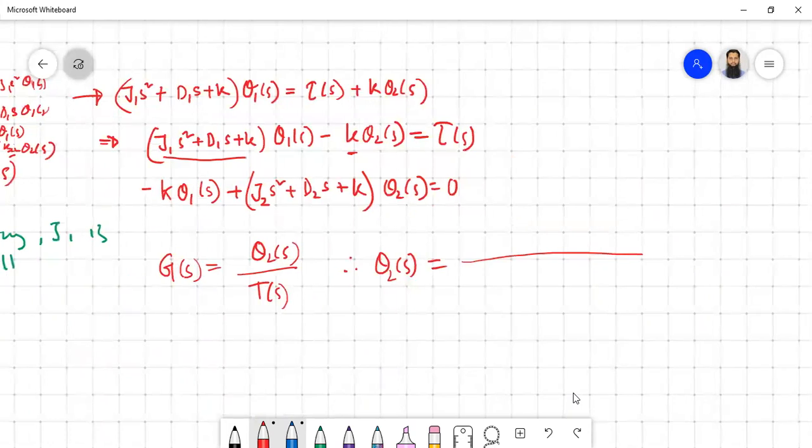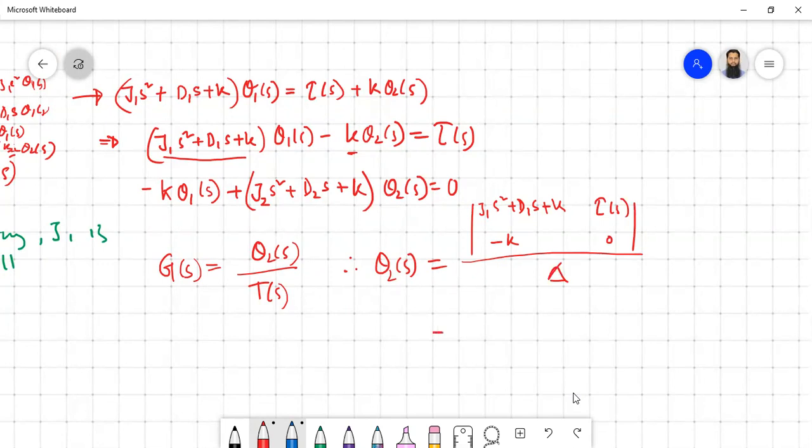So you have J1 s squared plus D1 s plus K, then you have minus K, sorry, minus K, then you have tau(s) and 0, and then you have del.